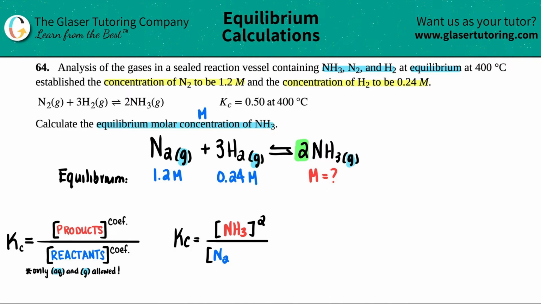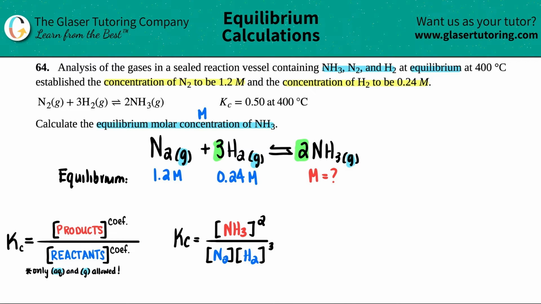There was no number in front of the N2, so remember, that just means that you have one of them. You can raise it to the first, but you don't have to. And remember, if you have multiple reactants, they're being multiplied by each other, not added as it is in the balanced equation. So I'm just going to string along the next bracket. We got H2. Close that bracket up. And here I see a coefficient. There's a 3, so I have to put a 3 here.